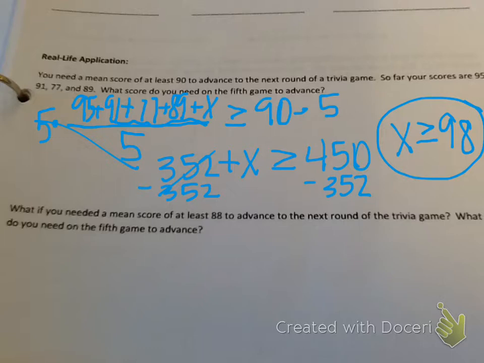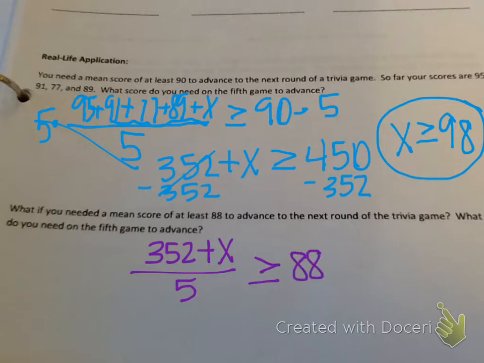Alright, the last one. What if you needed a mean score of at least 88 to advance to the next round of the trivia game? What do you need on the fifth game to advance? So the same thing, except I already found out that this was 352 plus x. We're still trying to find the fifth game. And this time we need a mean score of 88.